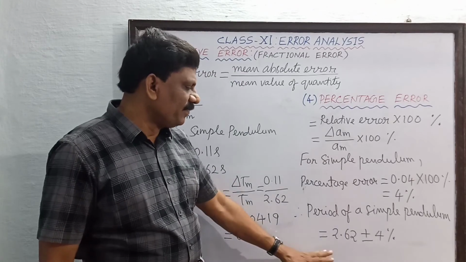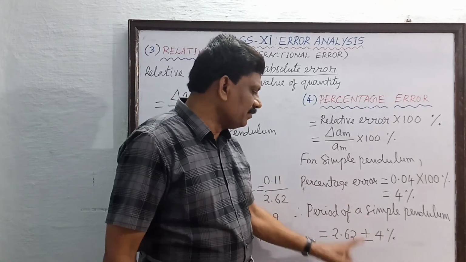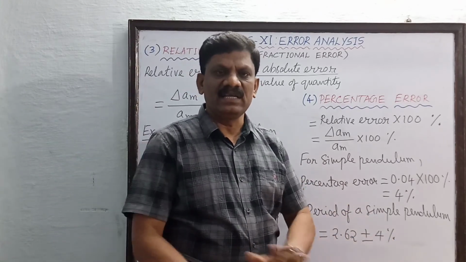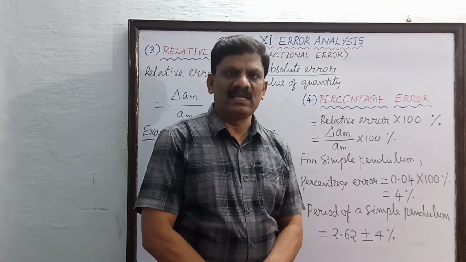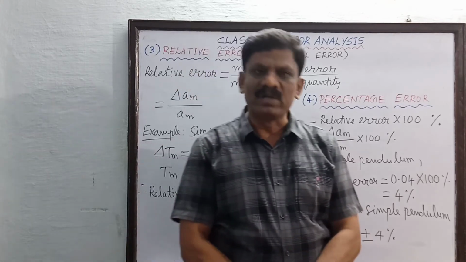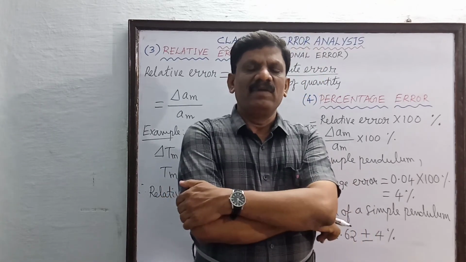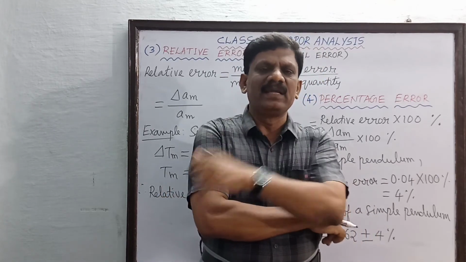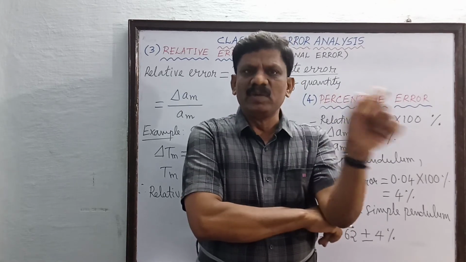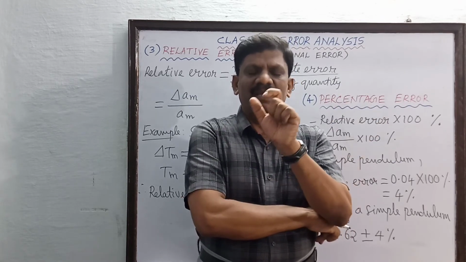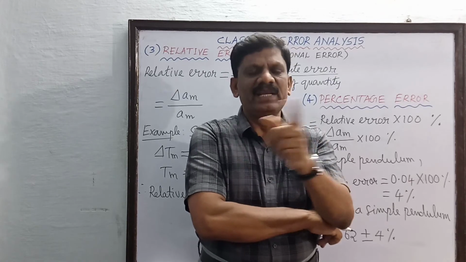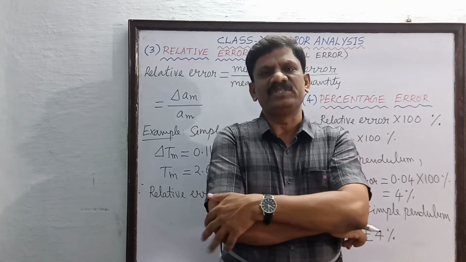So this is the period of a simple pendulum expressed in terms of error analysis. In error analysis, we have explained 4 types of errors. The first one is absolute error. Whenever you find the absolute error in every individual quantity, it should be compared with the mean value of the total number of observations.